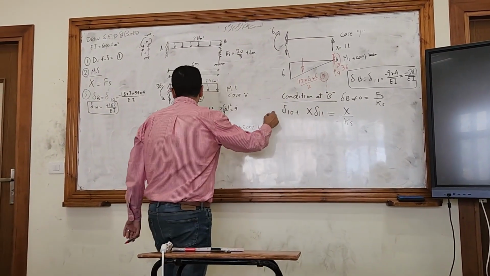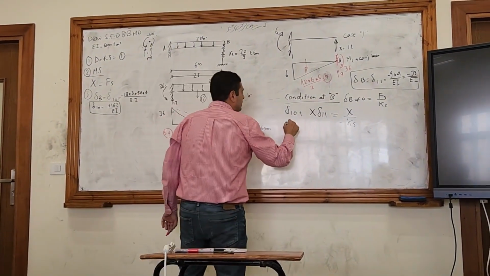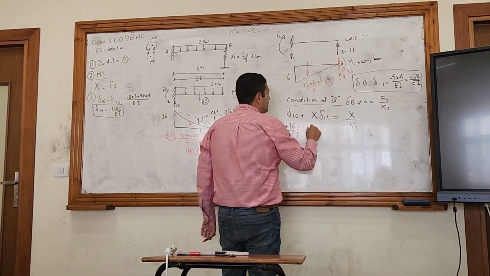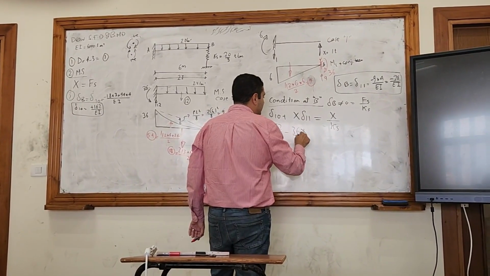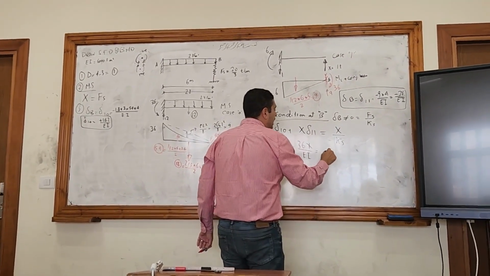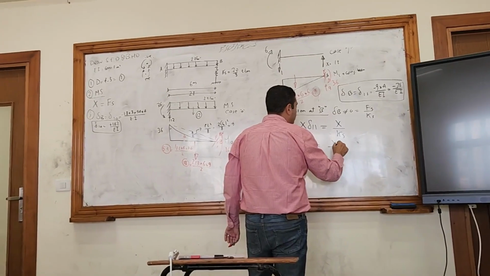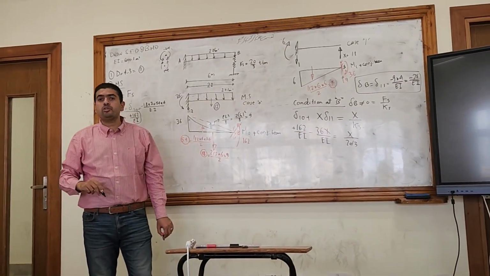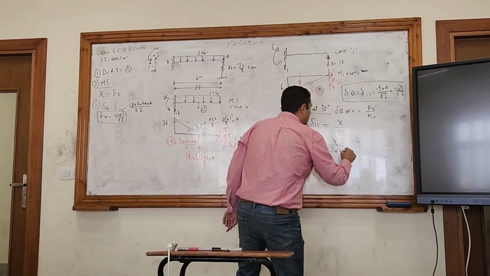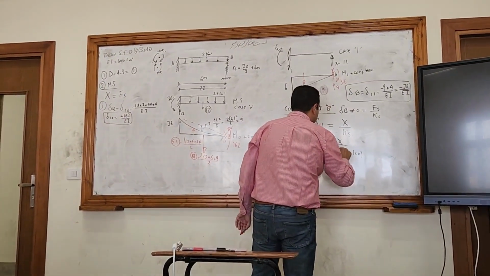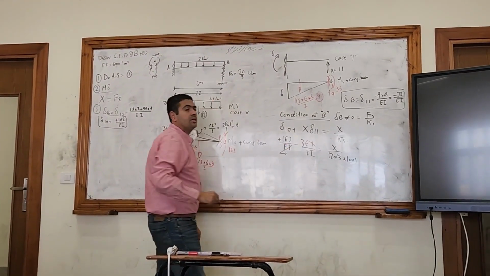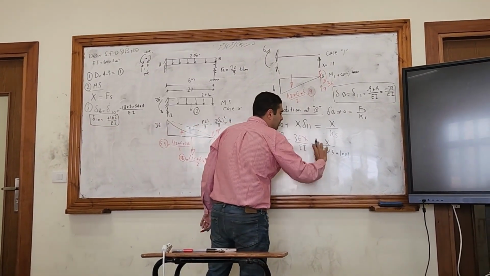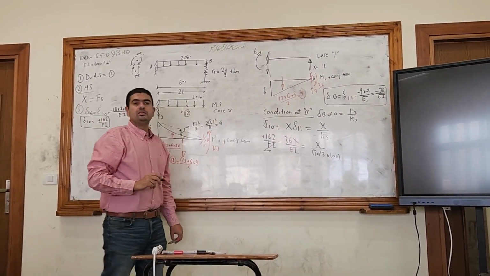That's why when I put the delta 1 known, that is 162 divided by EI, and delta 1, 1 is negative 36x divided by EI, equals x divided by k spring, 20 over 3, but take care, it's ton per centimeter, so I have to multiply by 100. And here I can remove the EI values against each other. Last time I removed the EI because the right hand side was equal to 0.